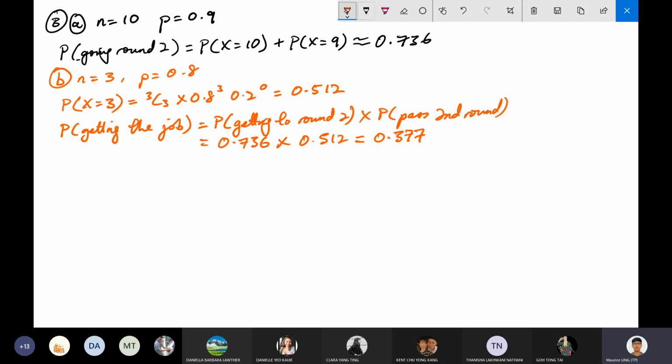Okay, so part C. Part C asks you what is the minimum number of interviewees in order to have at least one candidate getting the job with 98% chance. Let's say you take k as the number of candidates.